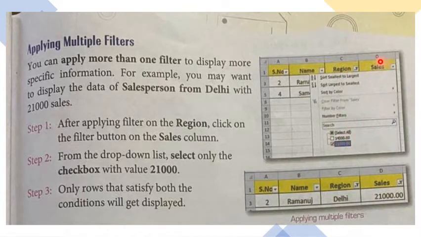After that you will click on this sales filter button and here you will choose the sales 21,000. You have to just click on that check box before that sales and uncheck the others. When you click on OK, you will find only those records whose reason will be Delhi and sales will be 21,000. Other records are not deleted, they are just hidden.